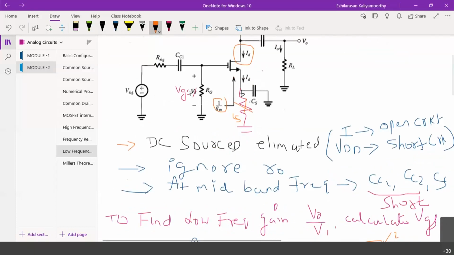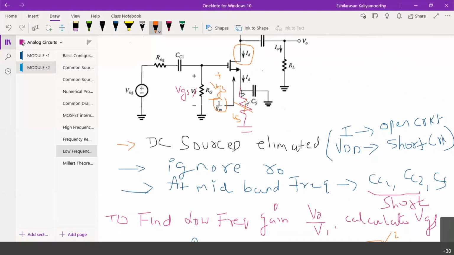Here the voltage is VGS. ID is VGS divided by 1 by Gm plus 1 by SCS, because this one. So that is how we are finding the drain current across the transistor.